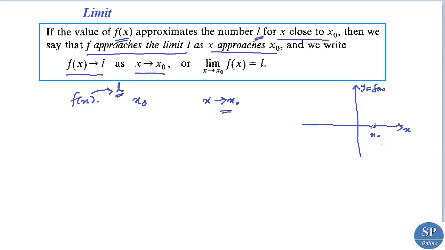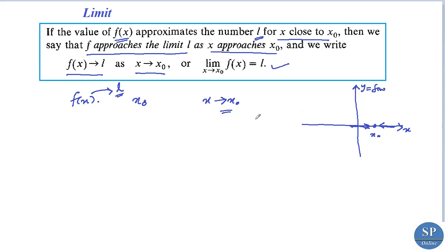Then x can approach x naught either from the left or from the right. If f of x approaches the number L, then we can say that f approaches the limit L as x approaches x naught, or this is a notation.